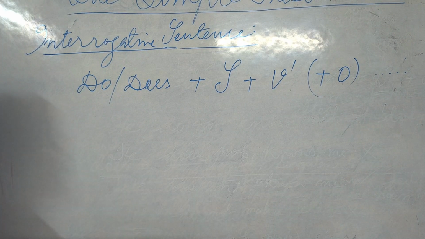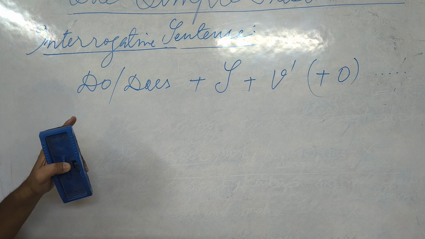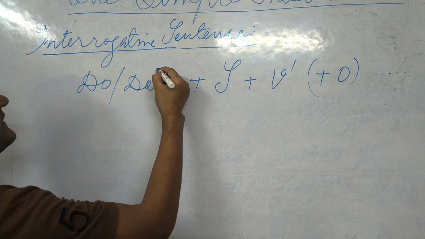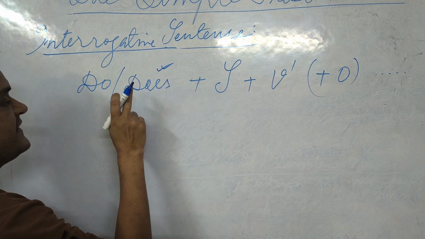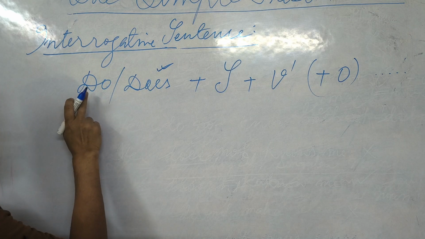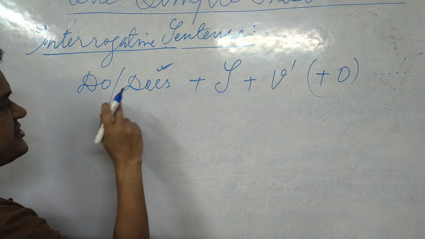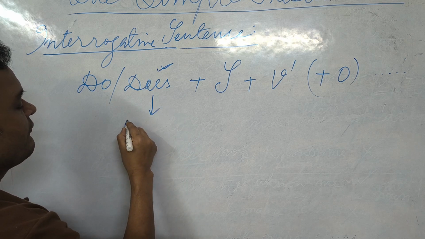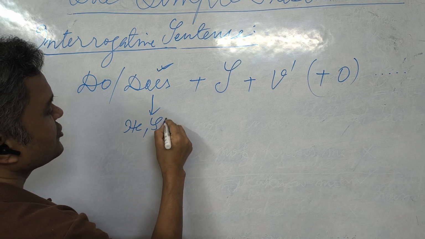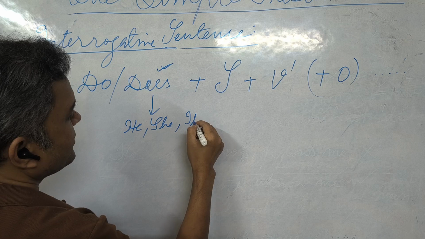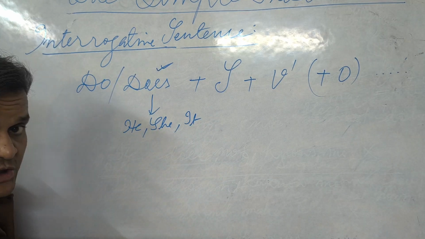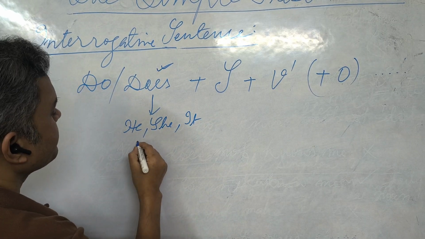Now again, the rule is this auxiliary verb or this form of the auxiliary verb do, that is does, this is used only with he, she, it, or the third person singular pronoun, or a singular noun.